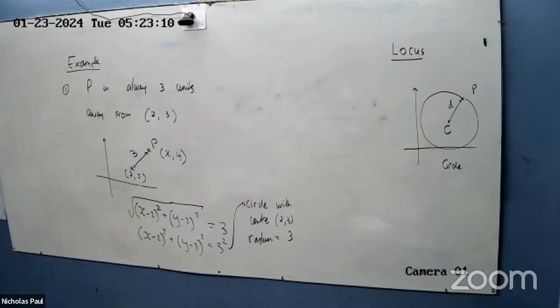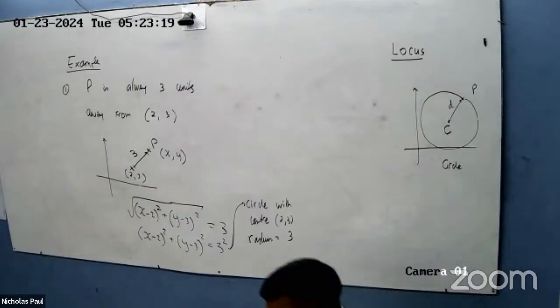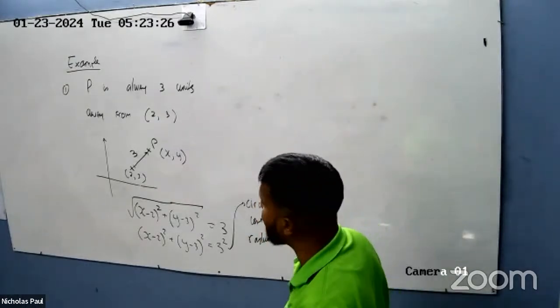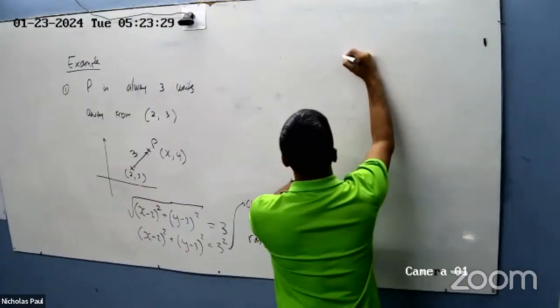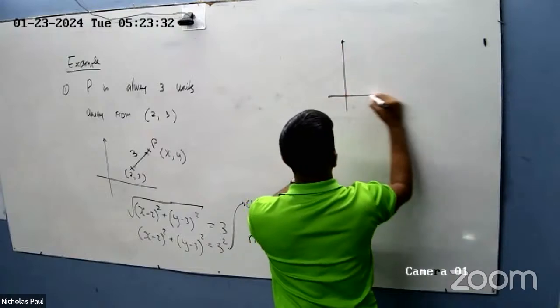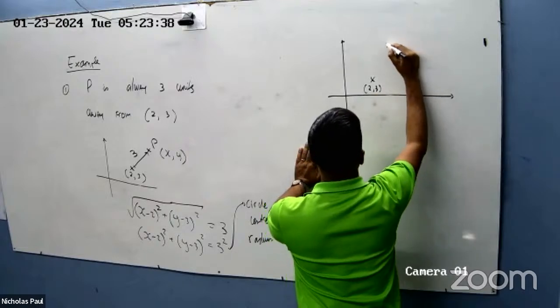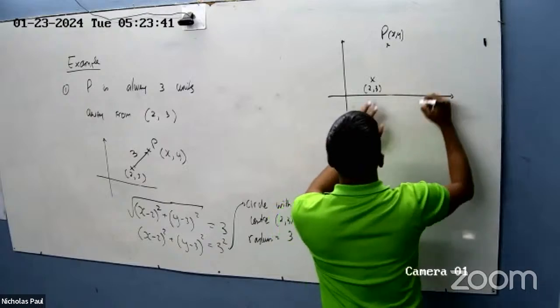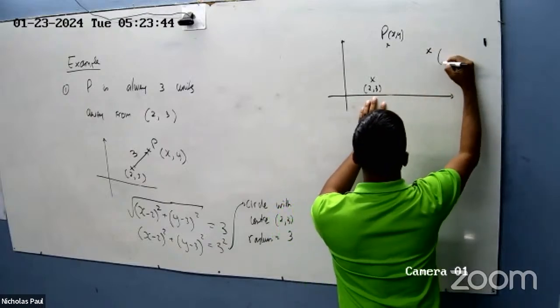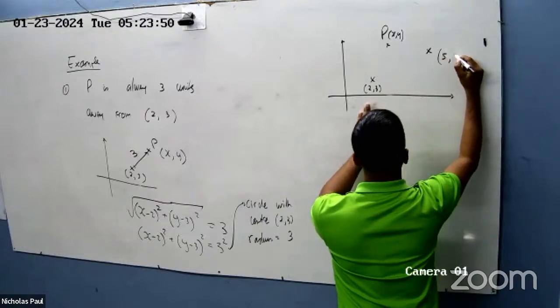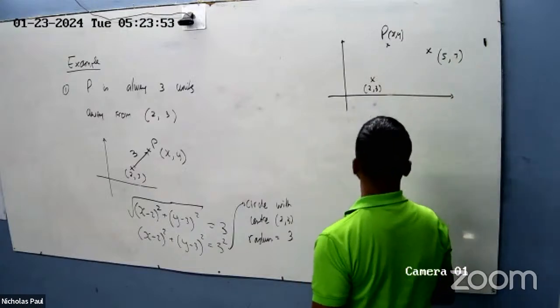P is always the same distance away from 2, 3 and 5, 7.